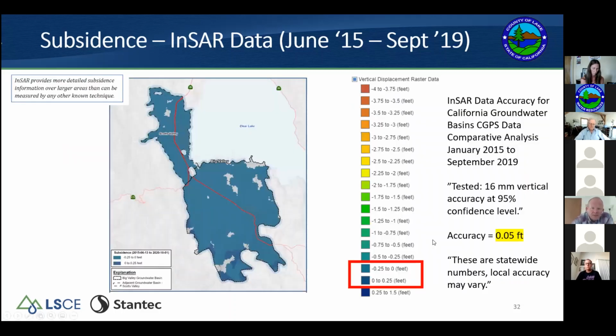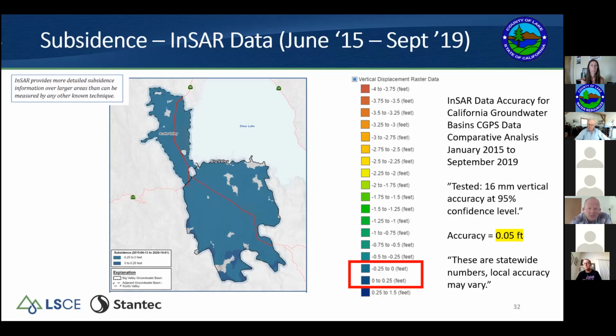So this is a data set that looked at the change in groundwater elevation from 2015 to 2019 in the Big Valley, Scotts Valley area. Essentially the blue area, light blue and dark blue, is within the area of the satellite.